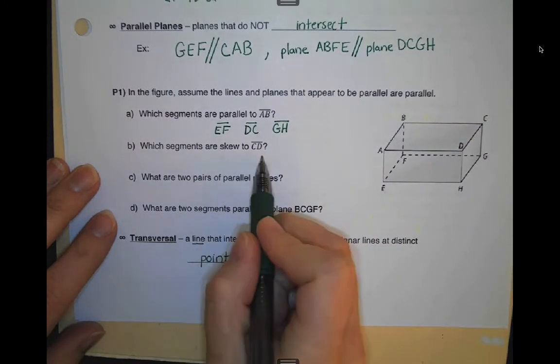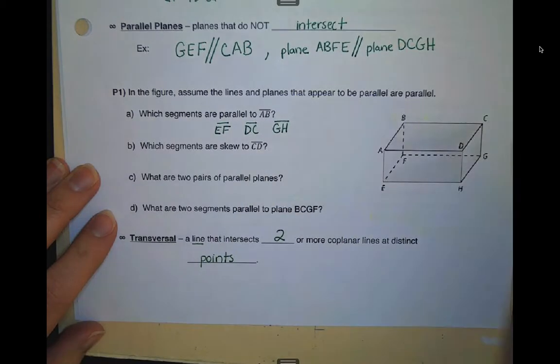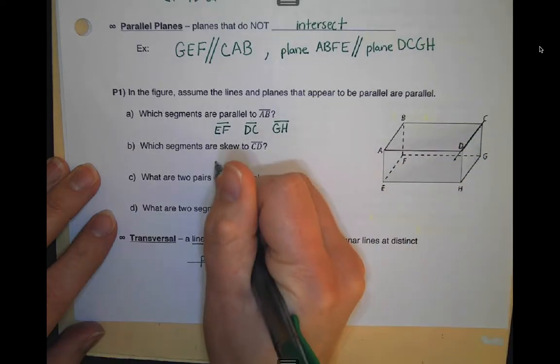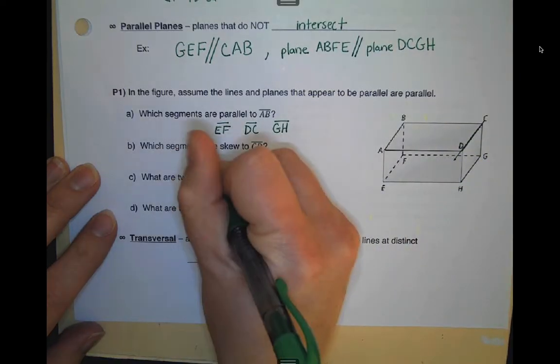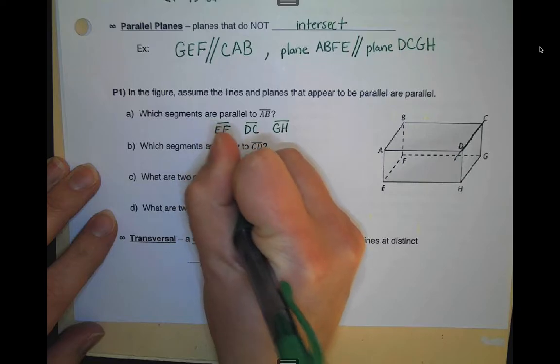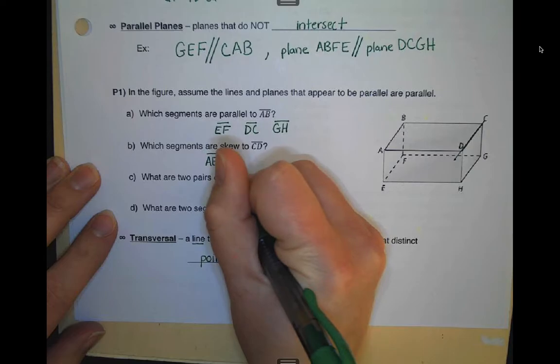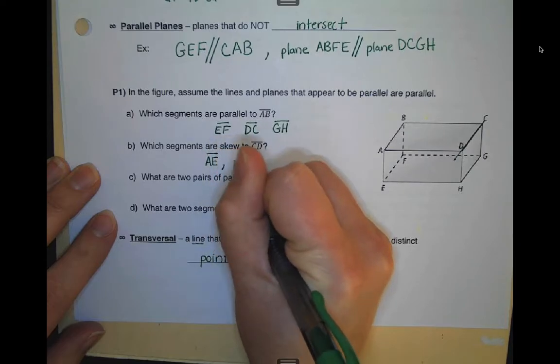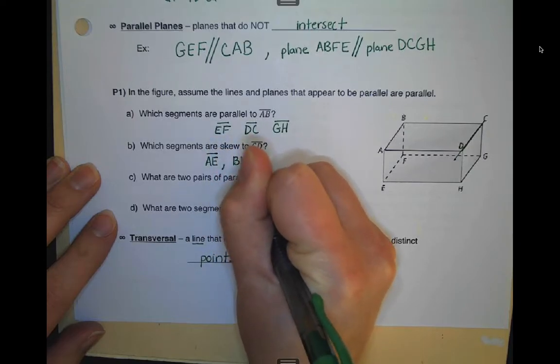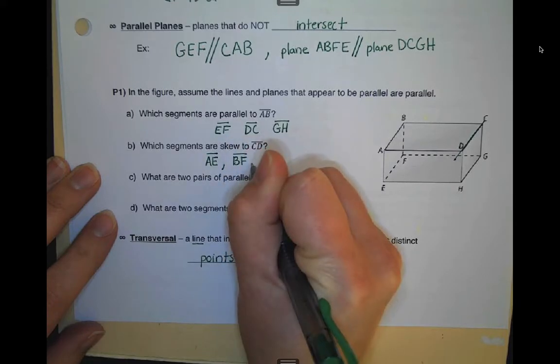Which segments are skew to CD? Here I'm going to take a minute and I'm going to highlight CD over here. And the segments that are skew, there are a couple here. Segment AE is skew. It's not in the same plane. They're not parallel. They're not going to intersect. Segment BF is skew to CD.